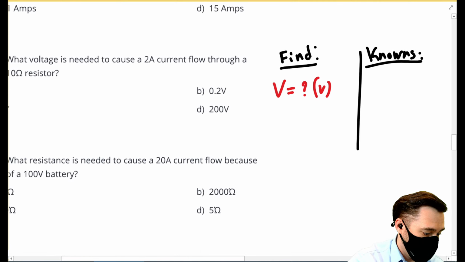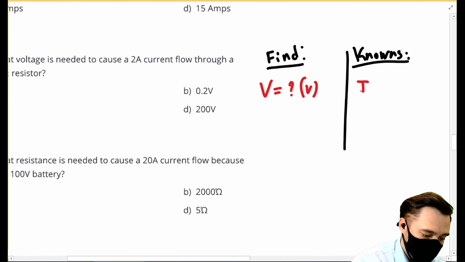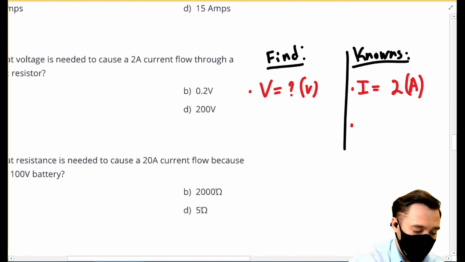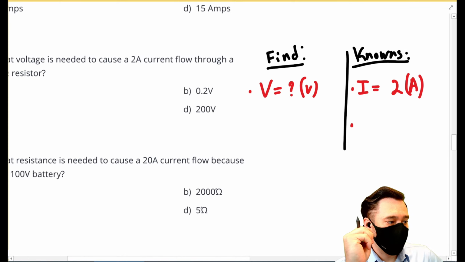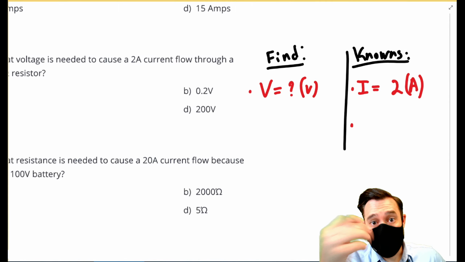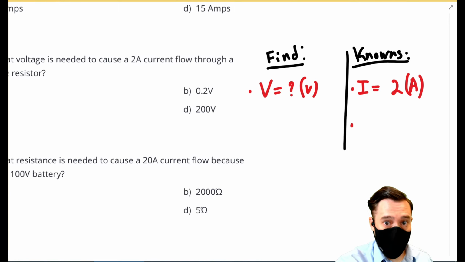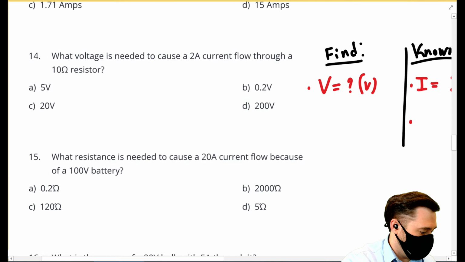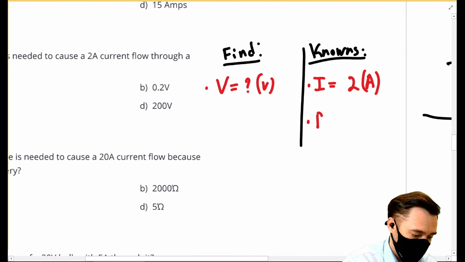And we have my current of 2 amperes. So amps, like when I say the word amp, that's a short way of saying amperes, which is the proper name for it. And then we have a 10 ohm resistor. So R, let's go 10 ohms.